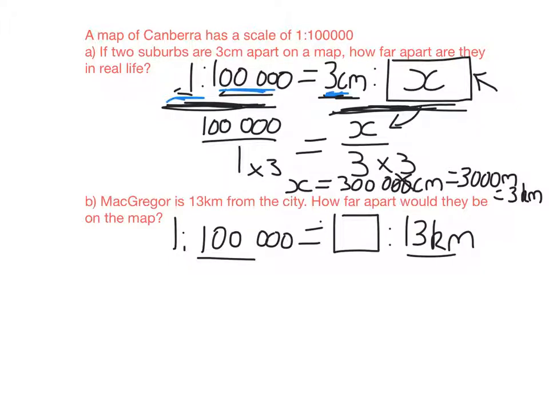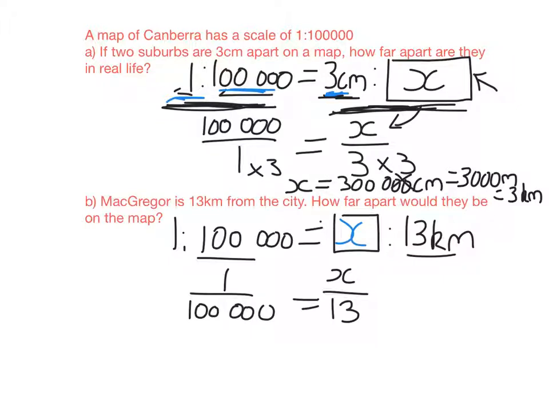So it might be easier in this case if we put an x here and solve for x. So again, I want x to be on top of the fraction because it's so much easier that way. So x over 13 equals 1 over 100,000.